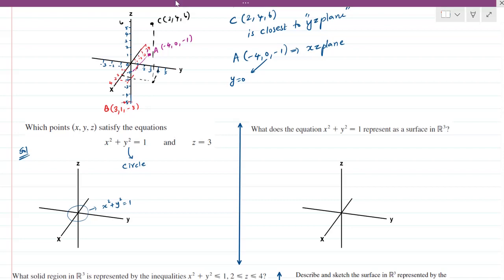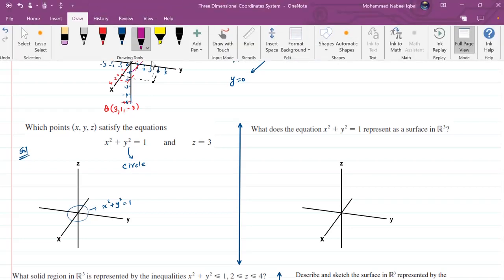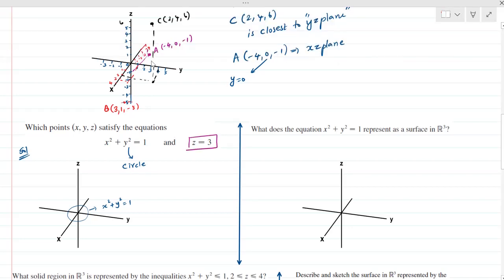But this circle is at z equals 3. Z equals 3 means the circle will be up here. So the whole circle is moving upward to z equals 3.